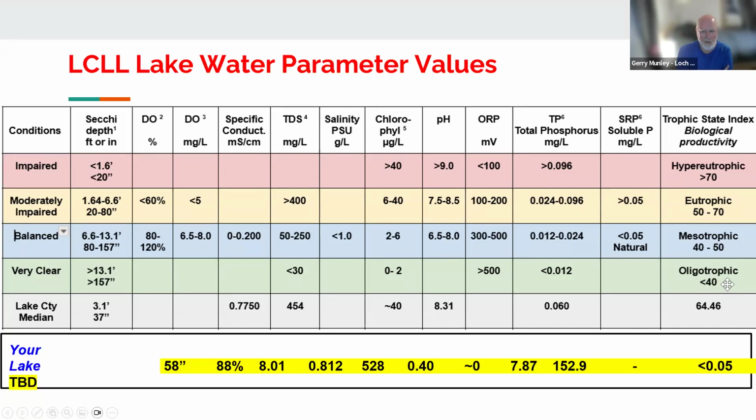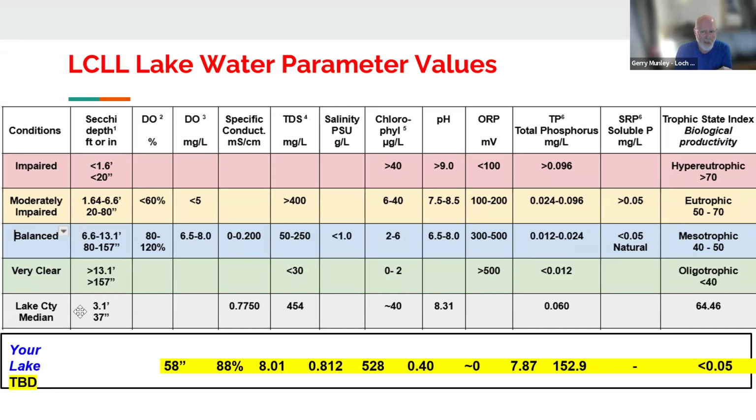Does look like the yellow bar at the bottom, everything kind of got shifted over a little bit, but sorry, so that 58 inches is Secchi depth. So you could put information on your lake. I just put in some values in there just to use as a comparison.